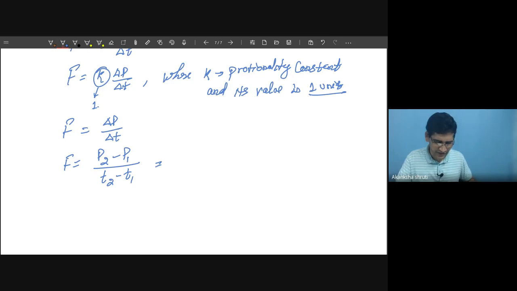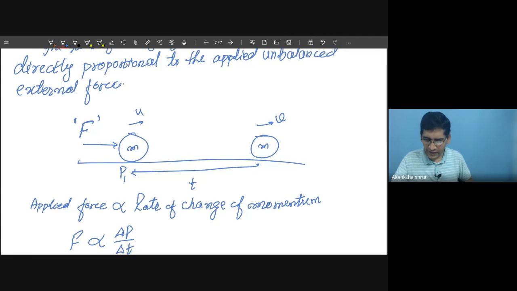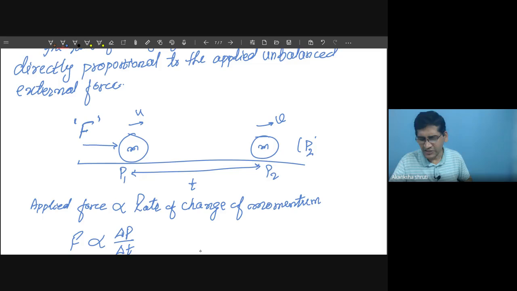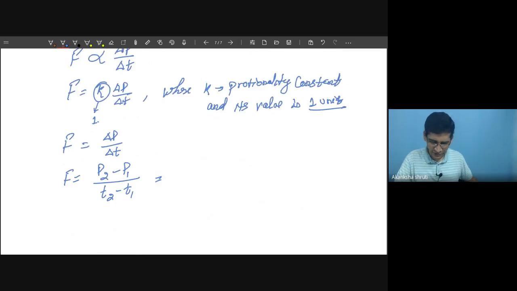But substituting in terms of symbols, the initial momentum P1 is calculated by taking M into U, and P2 can be calculated by M into V. So that can be substituted here.